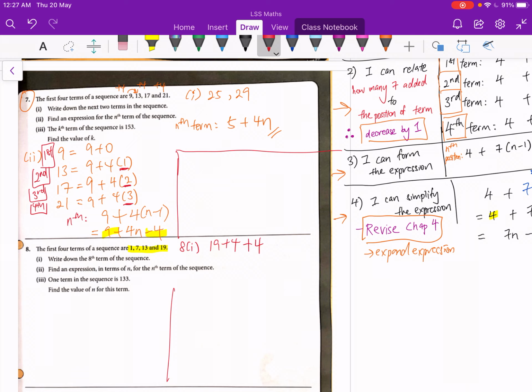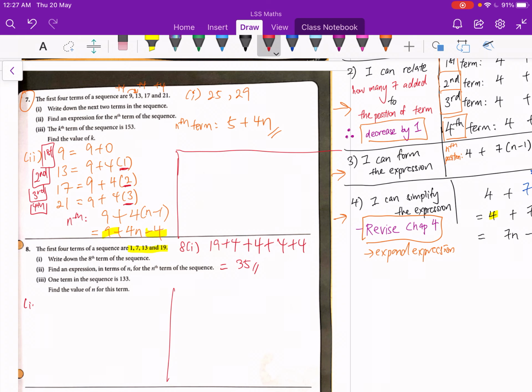If I add one more 4, it will give you the 6th term. When I add one more 4, it will give me the 7th term. And if I add one more 4, it will give me the 8th term, which is what we want. So 16 plus 19 will be 35.